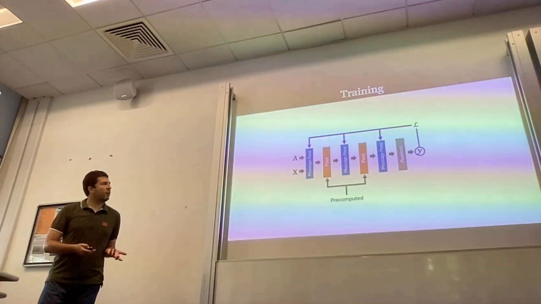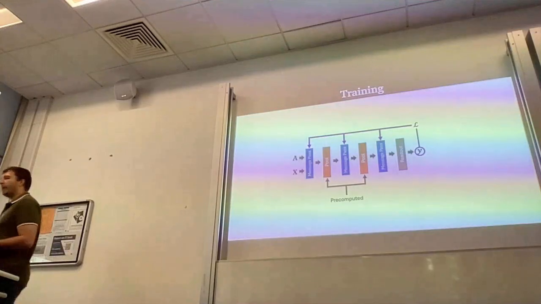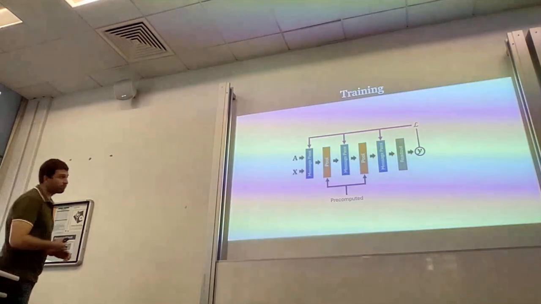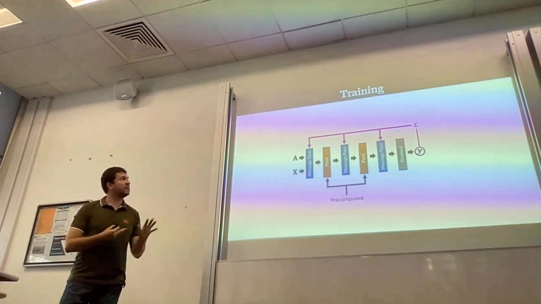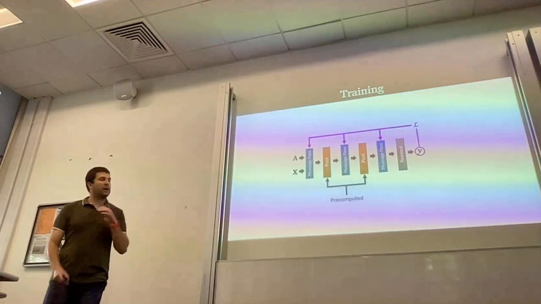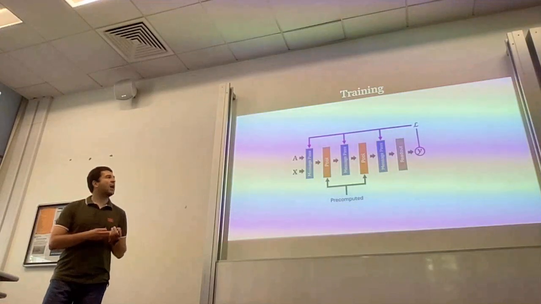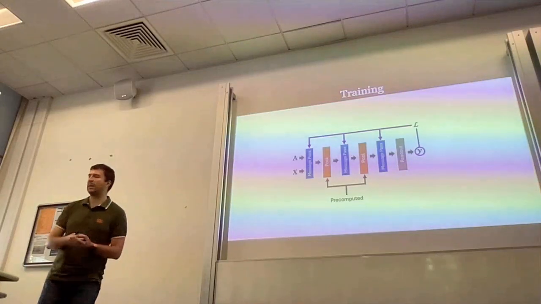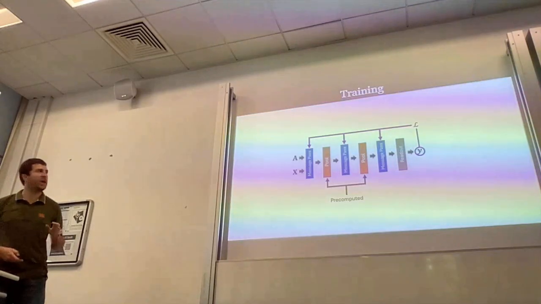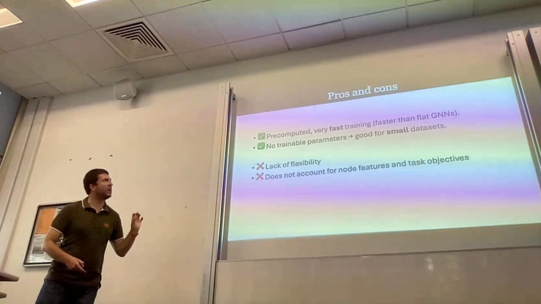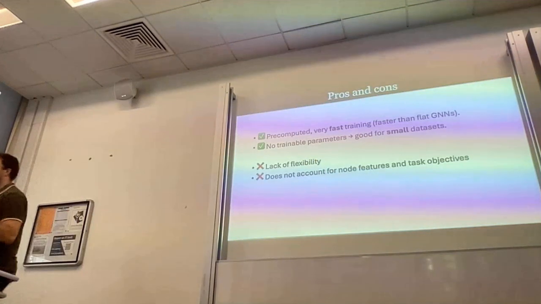This means that we don't need to optimize these layers in any way during training. This also means that training this kind of architecture is as fast as training a flat GNN, actually faster, because every time you apply pooling, the graph becomes smaller, so it needs fewer operations. So training a GNN with this kind of architecture is extremely fast, faster than standard GNNs.